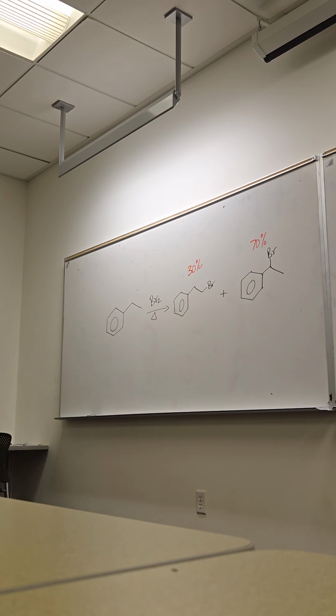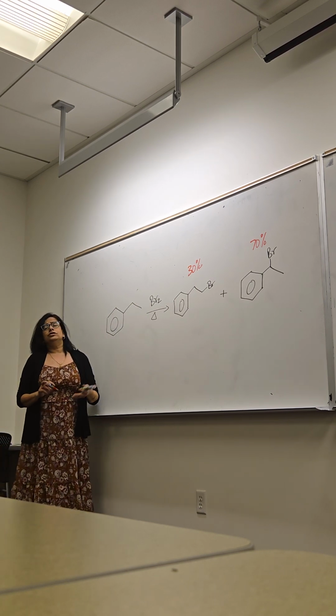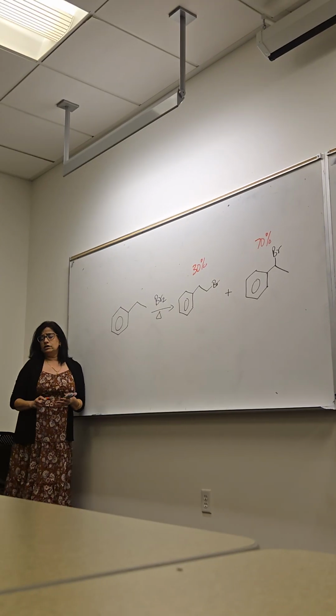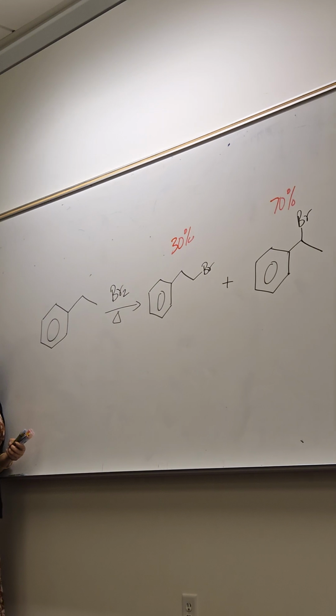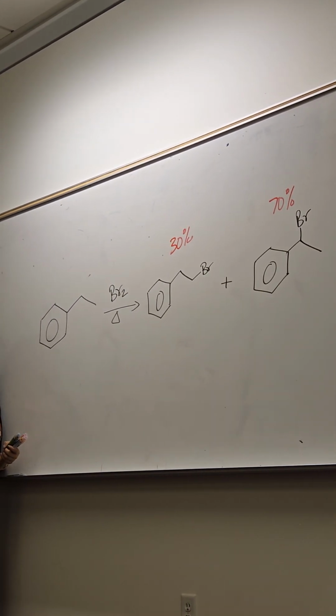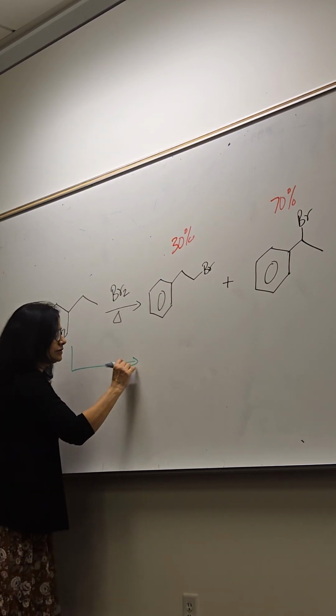Agreed? Now there is another reagent that is used in syntheses to put a bromine on one specific position that is way better than this. And that's what you were referring to earlier, Carter, and that is called NBS.